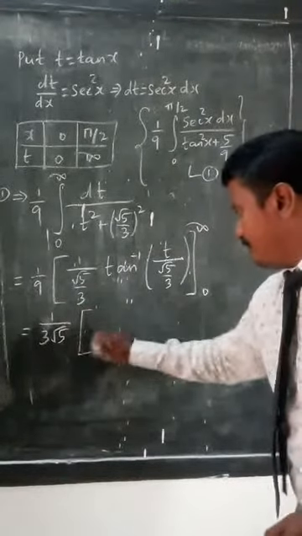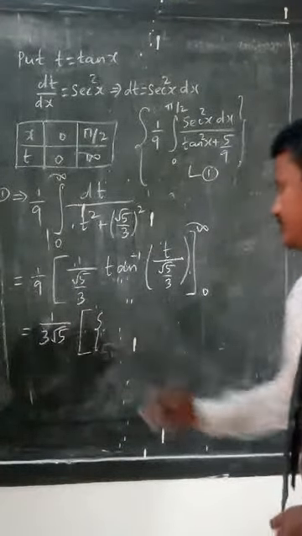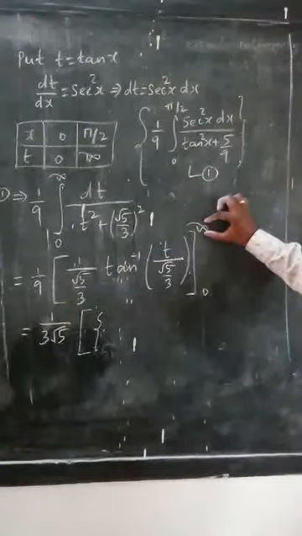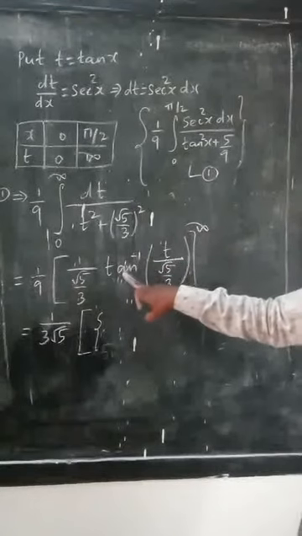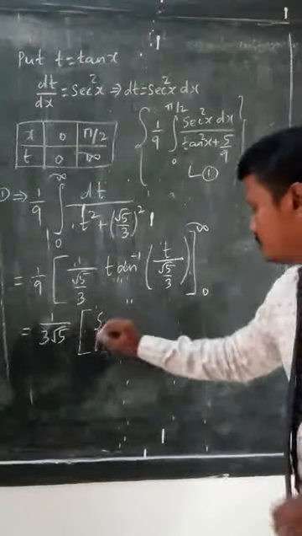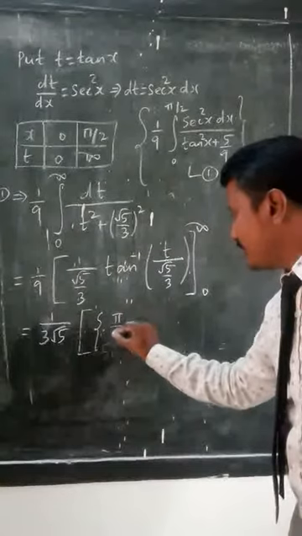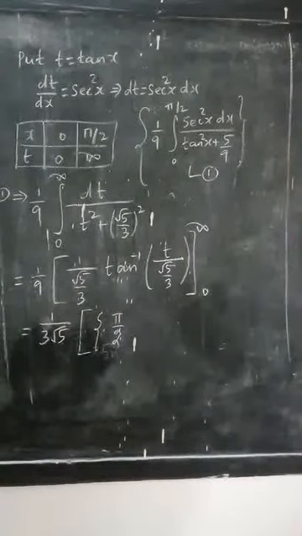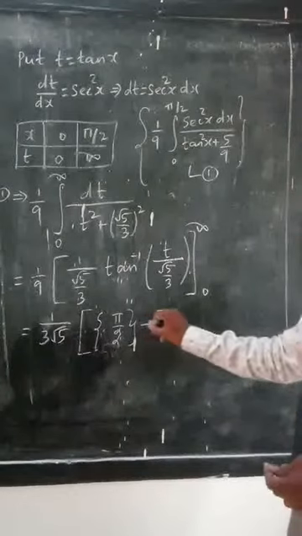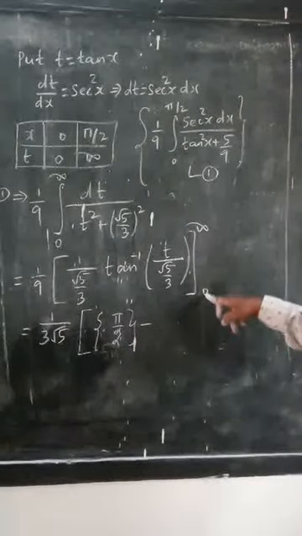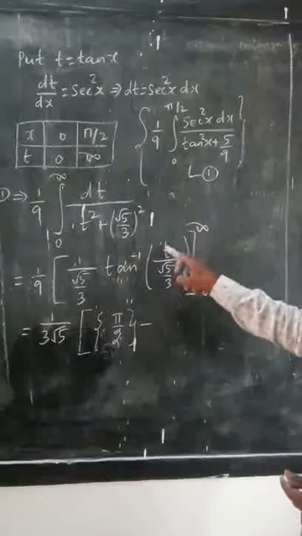Inside the bracket, first the upper limit. Upper limit means infinity. Put infinity in place of t. The entire thing will become infinity. Tan inverse infinity, the answer is 90 degrees, so pi by 2. This is the upper limit. Minus, apply the lower limit. In place of t, put 0. It fully becomes 0.